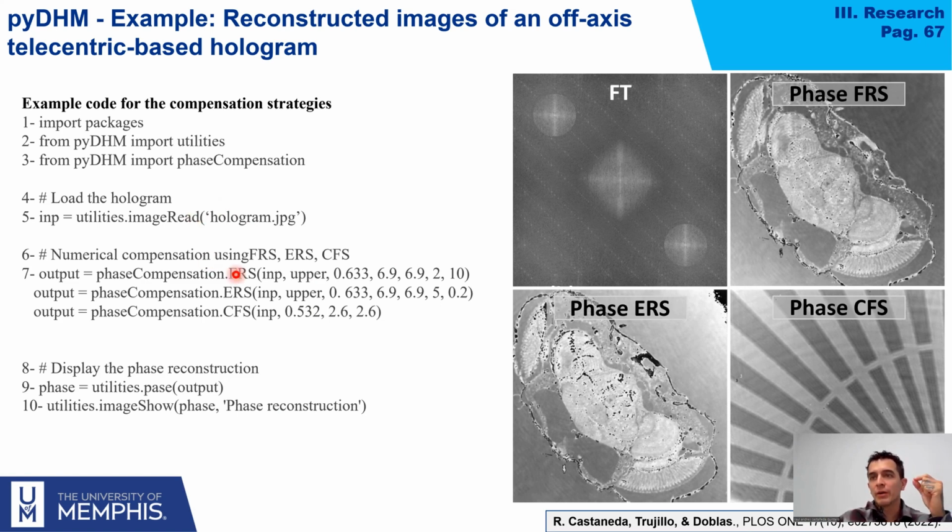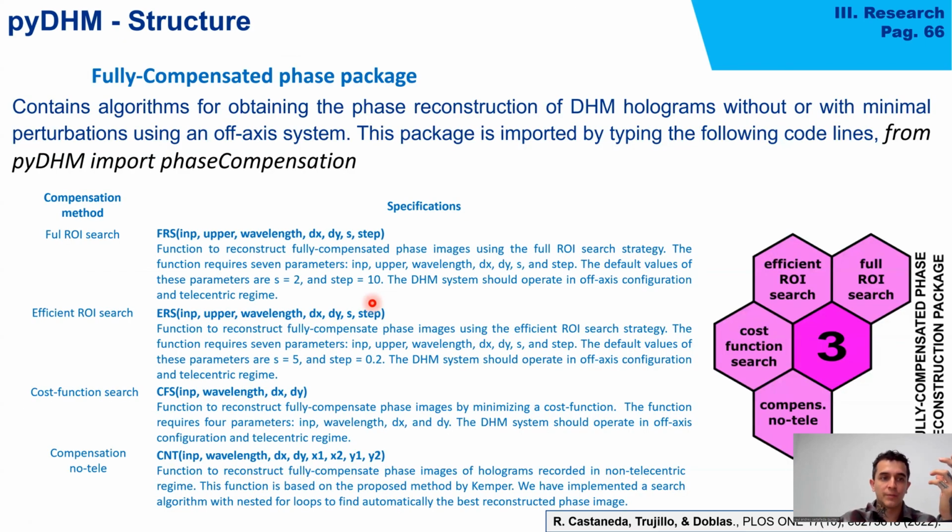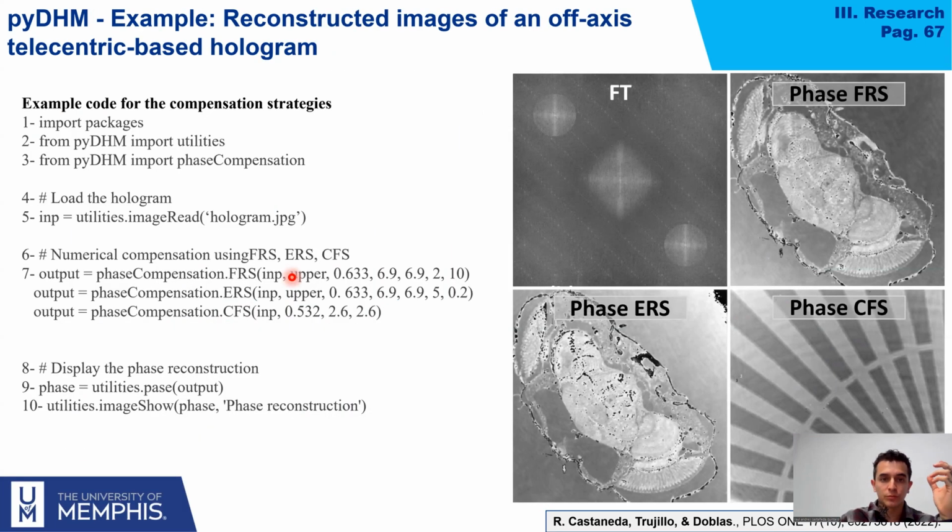When you call each function, you need to input the parameters. So for instance, in the compensation with the cost function, the parameters are the hologram, the wavelength, and the pixel size. These parameters depend, of course, on the compensation method that you are using.